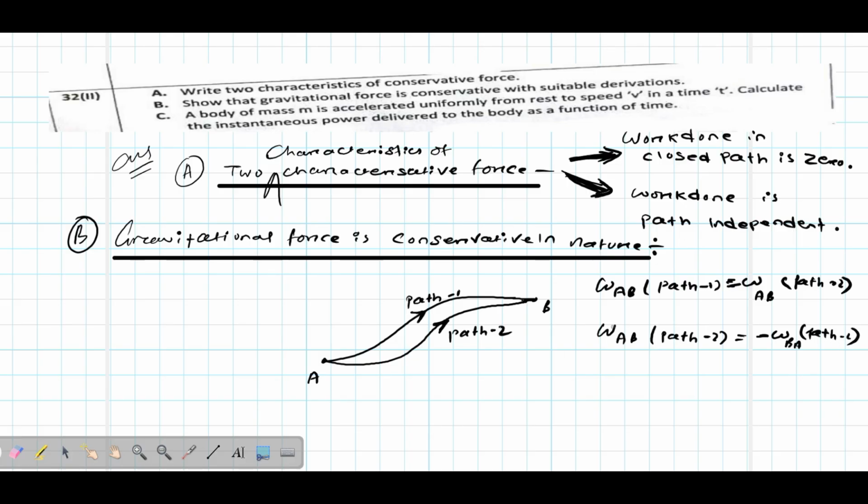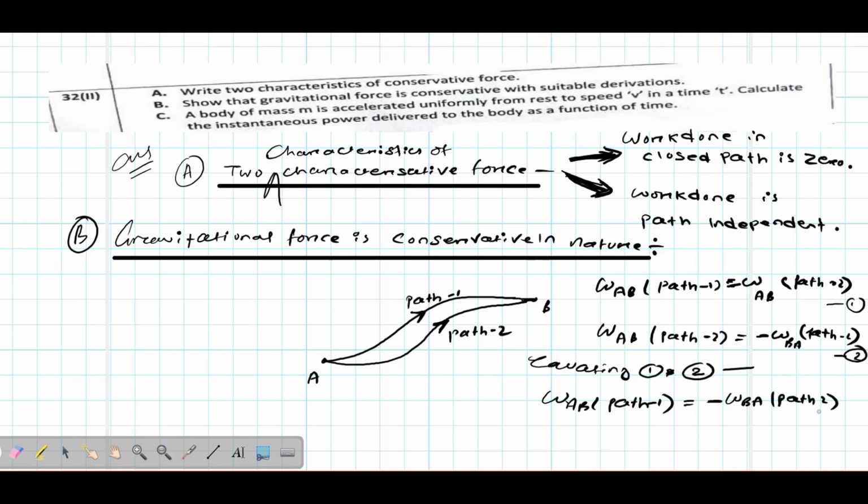So this is equation 1 and this is equation 2. Equating 1 and 2, W_AB path 1 equals minus W_BA path 2.